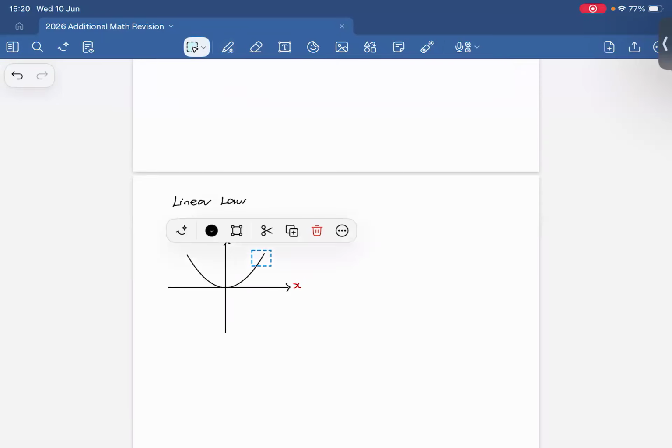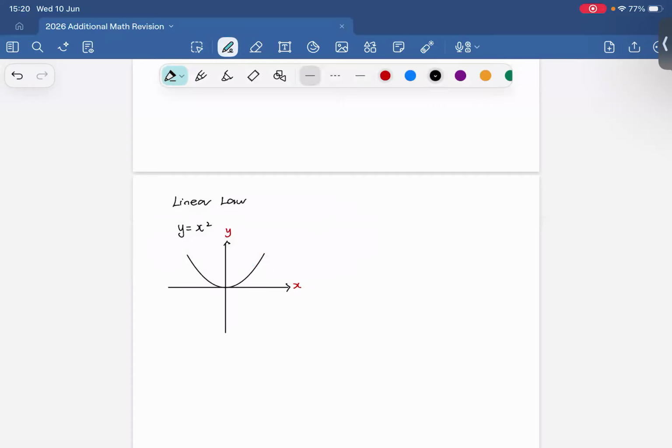However, if you change your axis to x squared and y, then you can see that this equation is actually y equals mx plus c, and you will get a straight line.